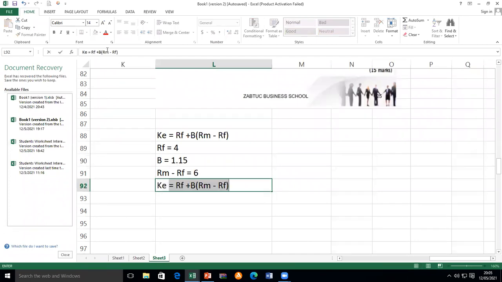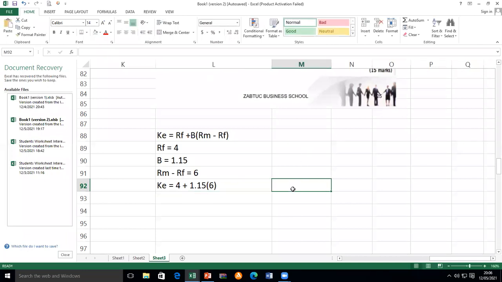So the cost of equity equals 4 plus 1.15 brackets 6. What is the answer? 10.9%.